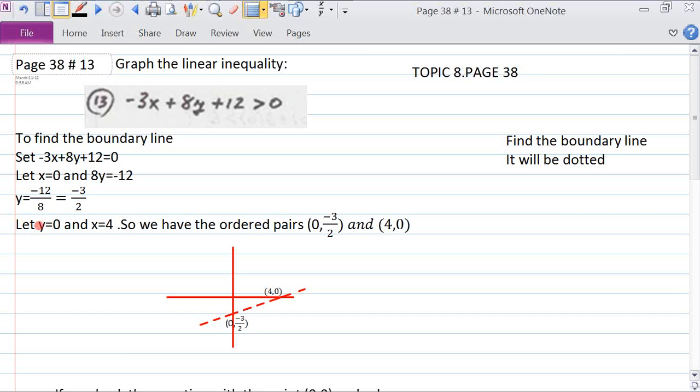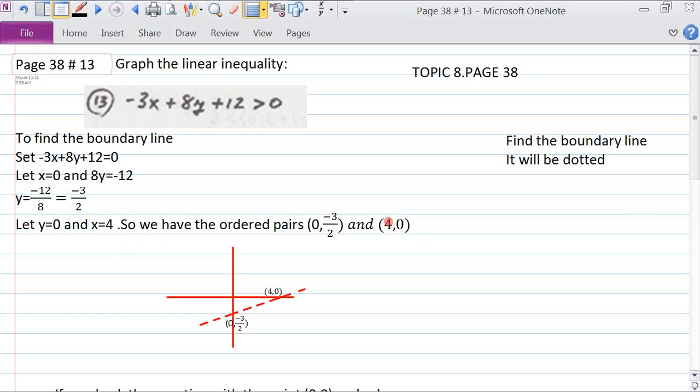When we set y equal to 0 in this expression right here, we get minus 3x plus 12 equals 0, because this term doesn't count. 8 times 0 is 0. We get minus 3x plus 12 equals 0. So we know that 3x equals 12 and x equals 4.